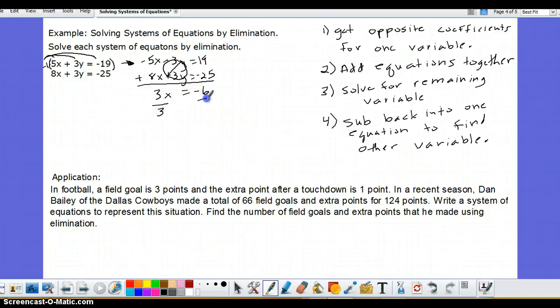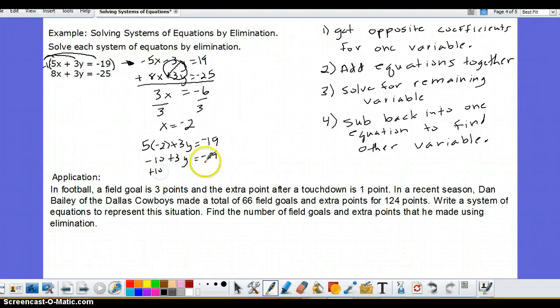So we finish solving by dividing. Negative 6 divided by 3 is negative 2. Take this negative 2 and go back into one of my originals. It doesn't matter which one. If I pick the first one, that's 5 times negative 2 plus 3y equals negative 19. So that's negative 10 plus 3y equals negative 19.